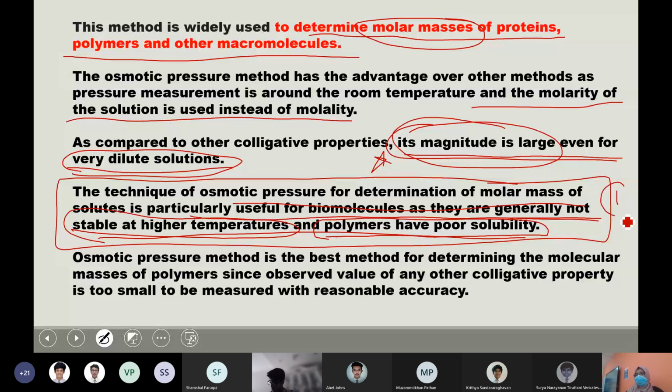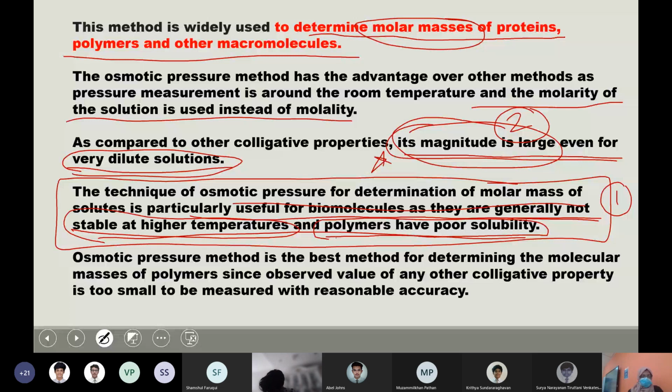And so this is this point and the first point, the magnitude. These two points should be written for 2 marks. First one, biomolecules are not stable at high temperature and the solubility of polymers is very low. Second reason, the magnitude of the measured osmotic pressure is more accurate than the changes you can calculate in delta TB or delta TF calculation.